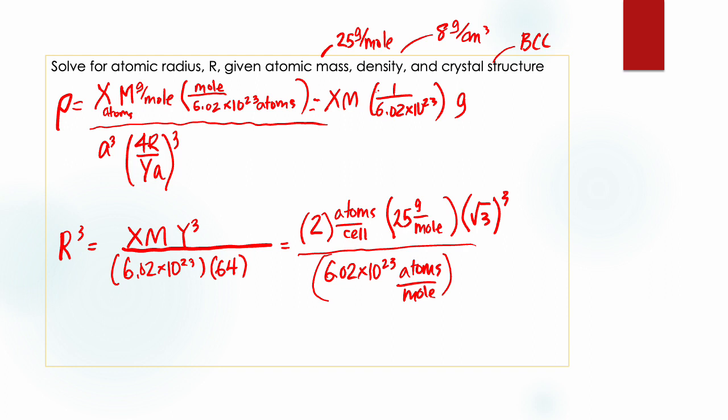Where's my density? Okay, I need to put that up here, density. So that is 8 grams per cubic centimeter. Oh, sorry. That density should go in the denominator. 8 grams per centimeter cubed.